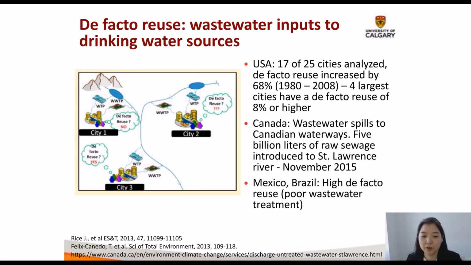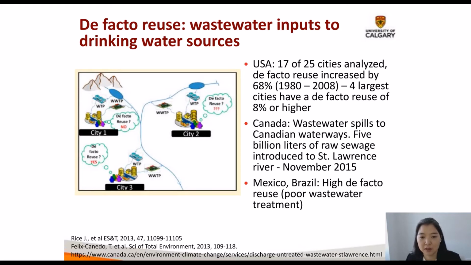This river will then flow to City 3, and City 3 then uses water from that particular river for drinking water. Therefore, there's a percentage of that river that is treated wastewater, and we know this as de facto wastewater reuse. It's an unintentional use of wastewater.